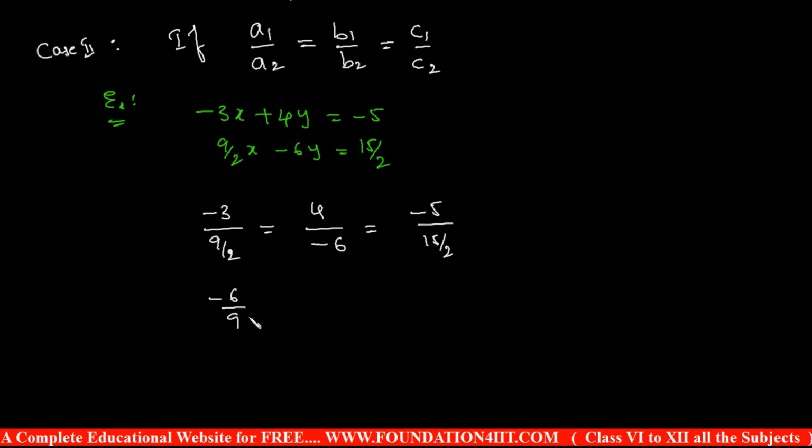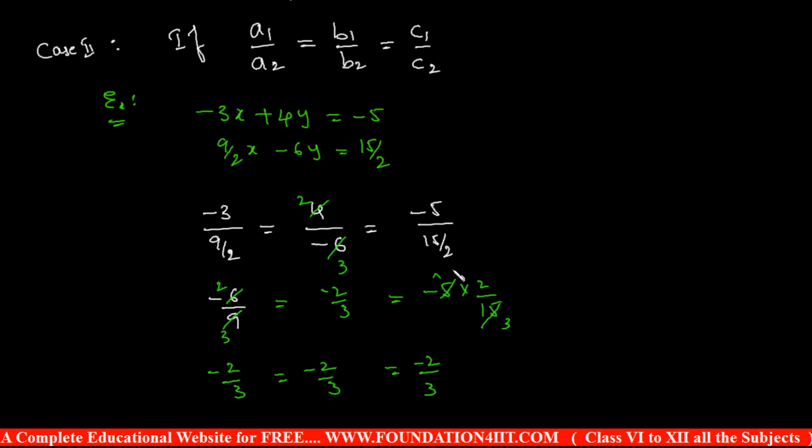If you simplify this, 3 twos are 6, 3 threes are 9, so I got -2/3 for this. And this also is the same, equal to -2/3. And for this one, -5 into 2 by 15, 5 ones are 5, 5 threes are 15, the same -2/3 we got. So according to this case, if you draw the graph on the x-axis and y-axis, for the first equation we'll get one straight line.